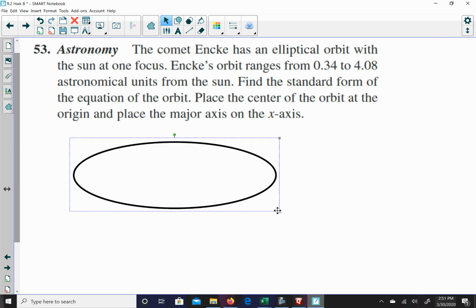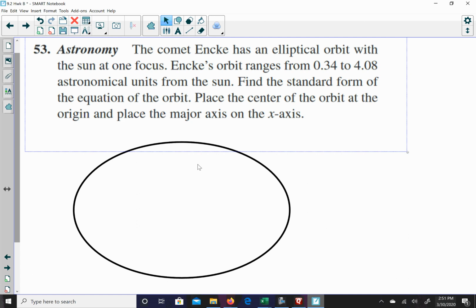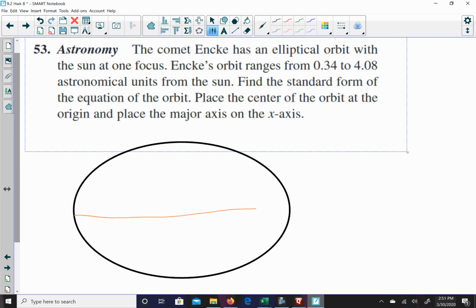So let's make this a little bit bigger, and I'm going to put the sun in there. I have a major axis, and the sun is going to be on that major axis, but it's not going to be at the center. It's not going to be one of the vertices. So if this is my major axis, well, poorly drawn, then this is the sun. And here's my center somewhere. Let's make my center here.